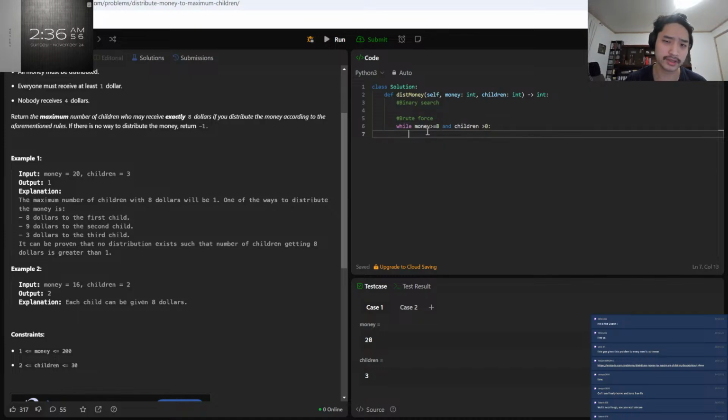Let's not think too much and just figure it out. So while there will be cases where the brute force way is not working, but I'm still just going to do it.